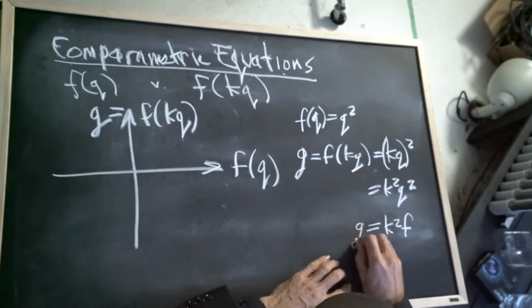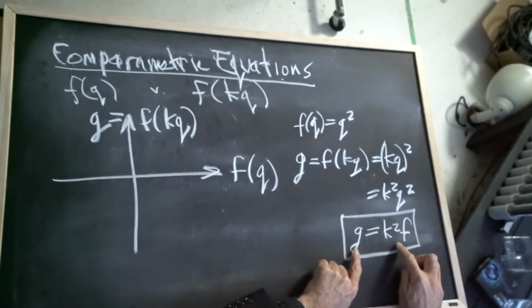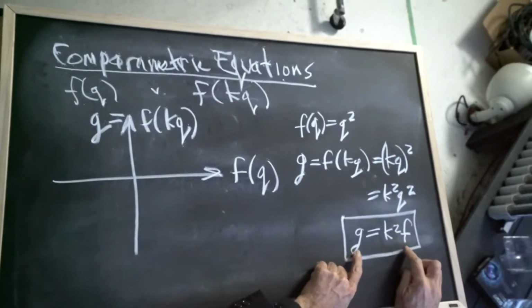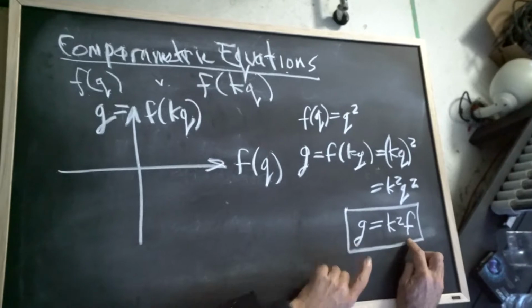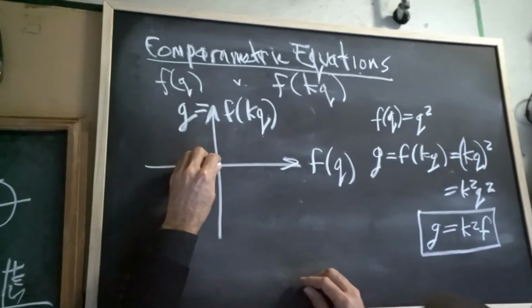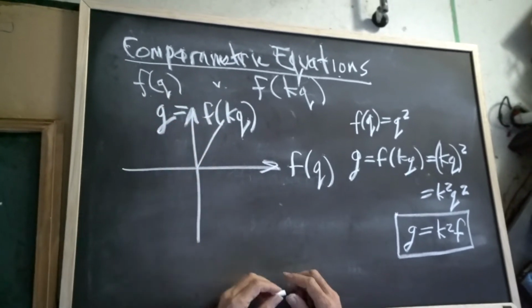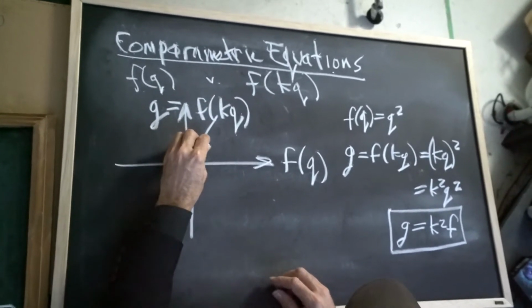So now we have g equals k squared f. This is a relationship between f and g that does not involve q, and that's called a comparametric equation. And if we plot that out, this comparametric plot, we simply have a straight line of slope equal to k squared.